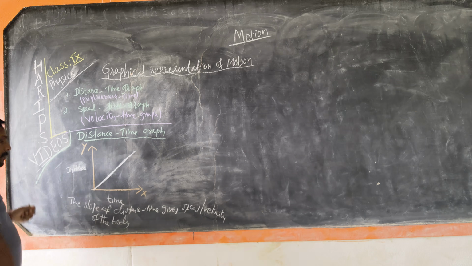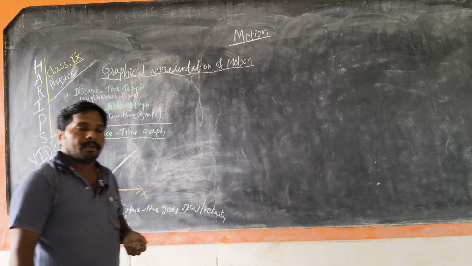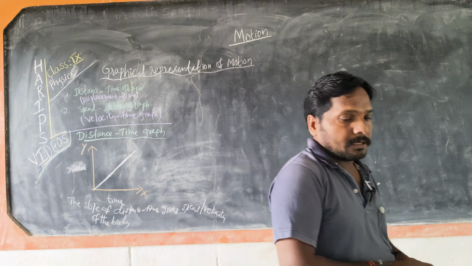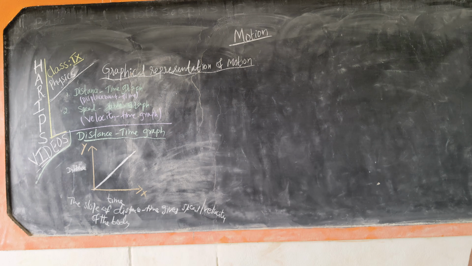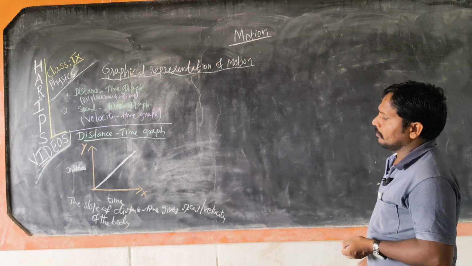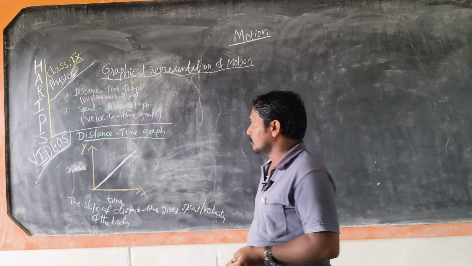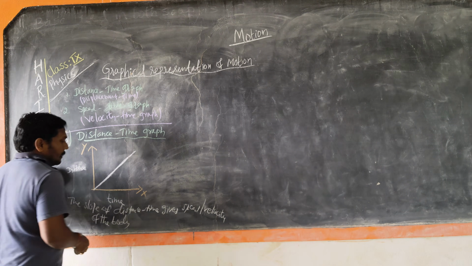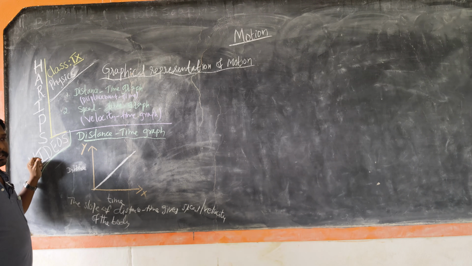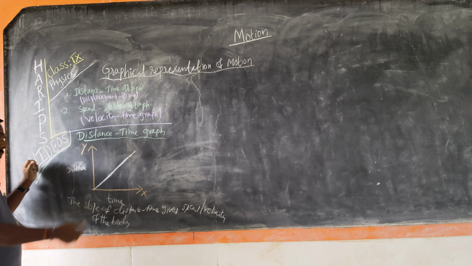The slope of a distance time graph always gives us the speed or the velocity of the body. Let us calculate the distance and the speed or velocity.